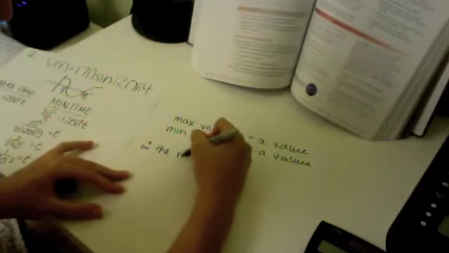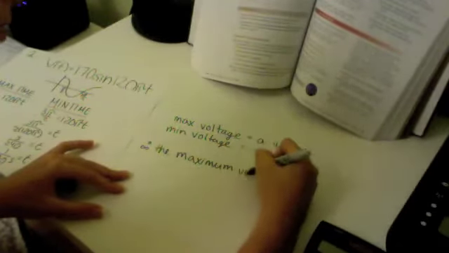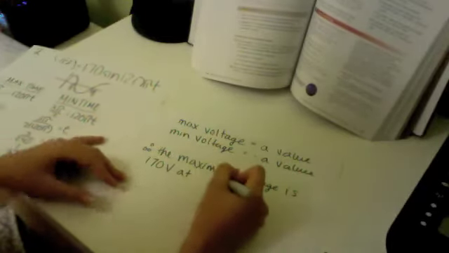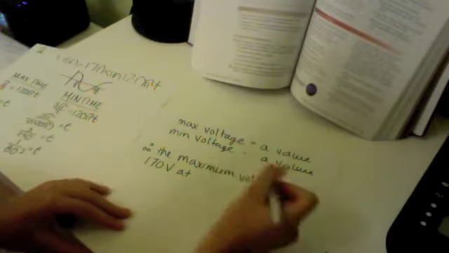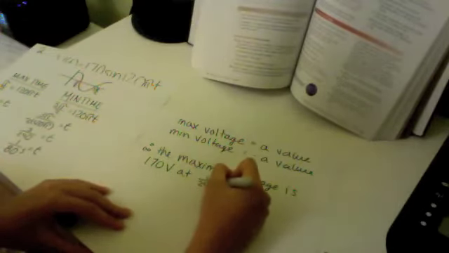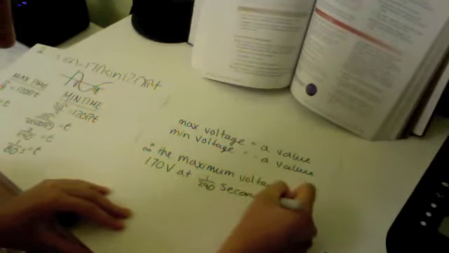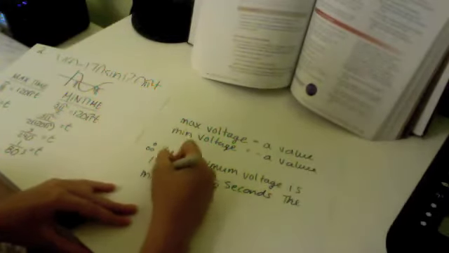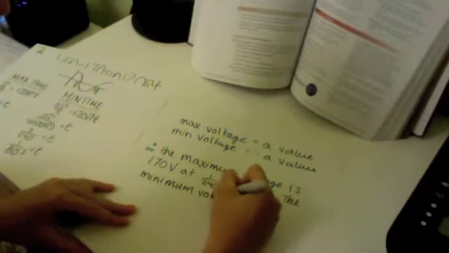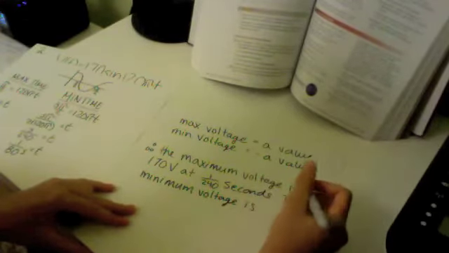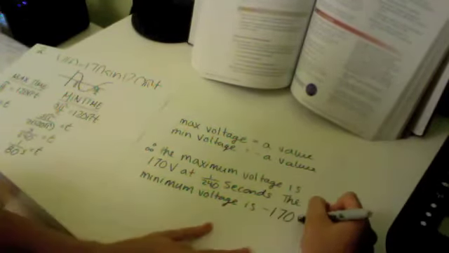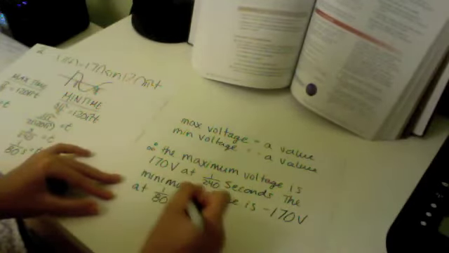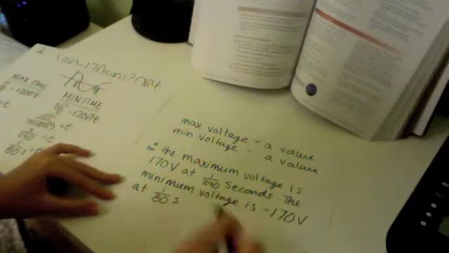Therefore, the maximum voltage is 170 volts at 1 over 240 seconds, and the minimum voltage is negative 170 volts at 1 over 80 seconds.